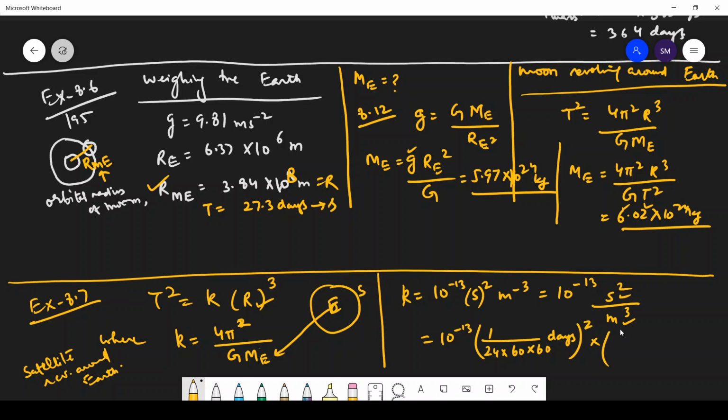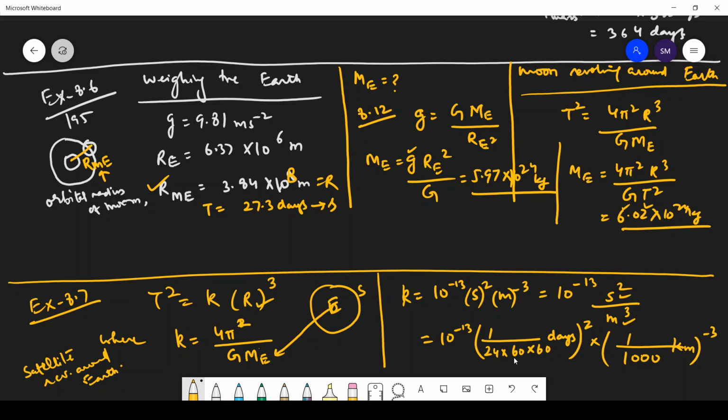Now meter cube. So this is meter raised to the power minus 3. So what is meter? 1 meter is equal to 1 upon 1000 kilometer, raised to the power minus 3. So this is the meaning of 1 meter. So 1 meter is equal to 1 upon 1000 kilometer, and 1 second is equal to this.